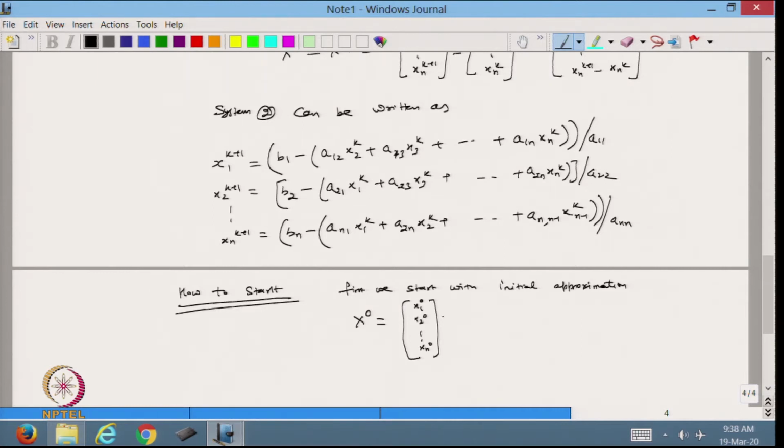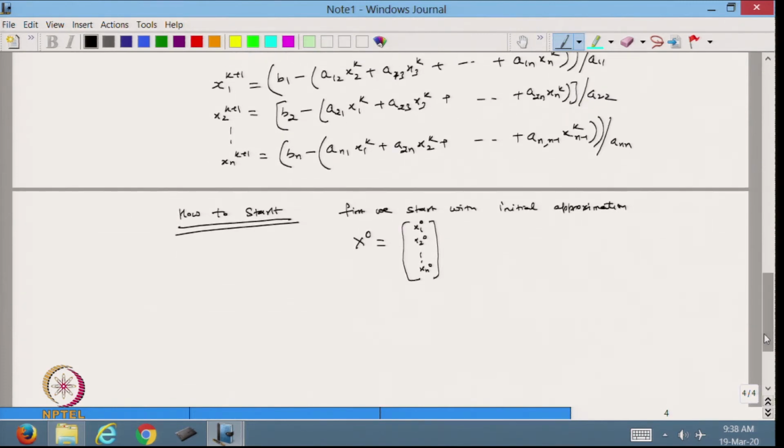This value I have to choose, and I can start with any number. Maybe suppose I take x0 equal to 0, 0, 0, all 0, or I can take x0 equal to 1, 1, 1, all 1. Any number I can start with.